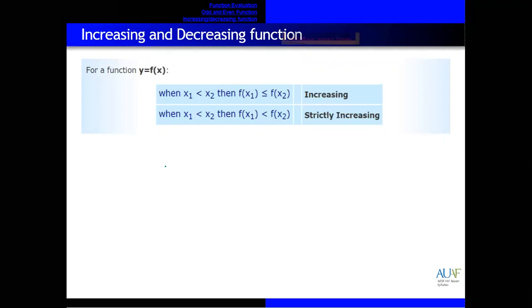Okay guys, increasing and decreasing function. There are conditions for proving how to prove a function is increasing or decreasing.